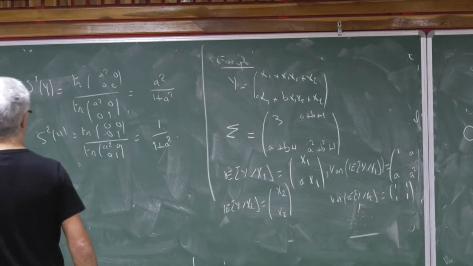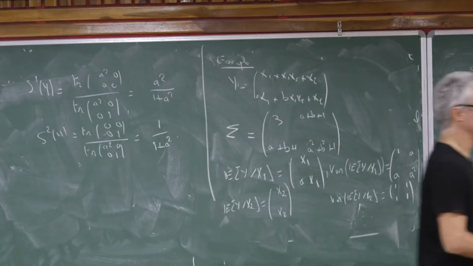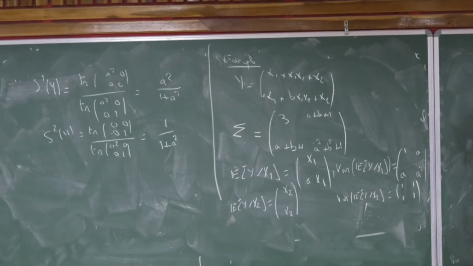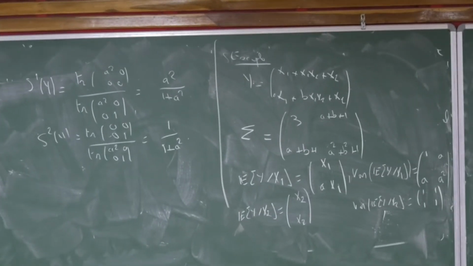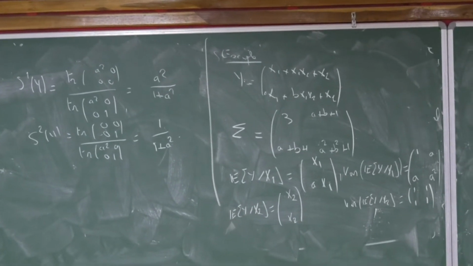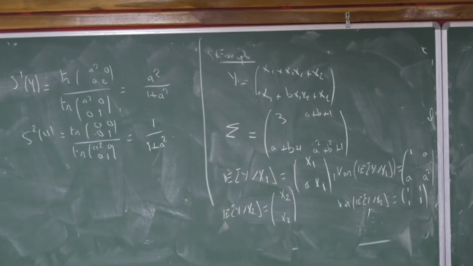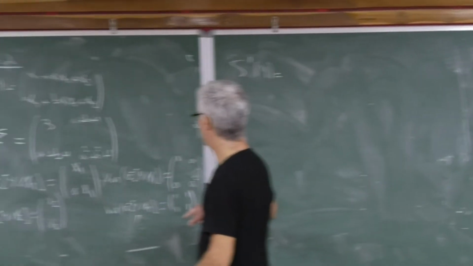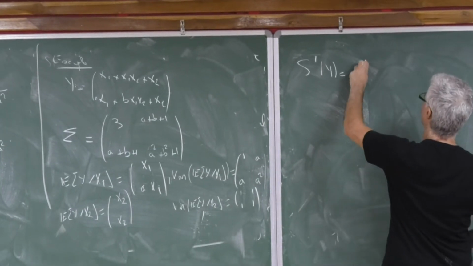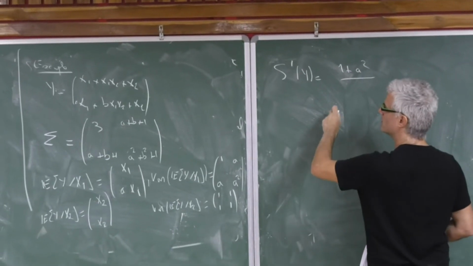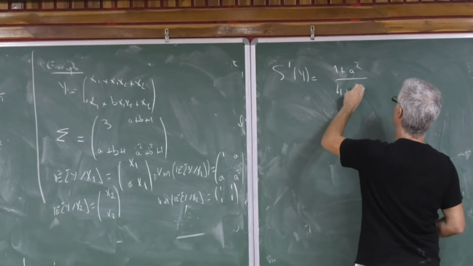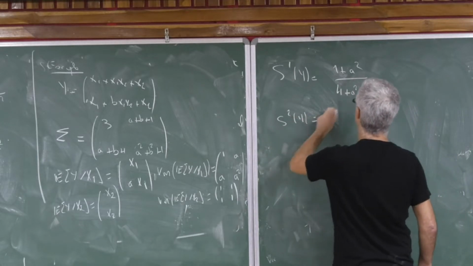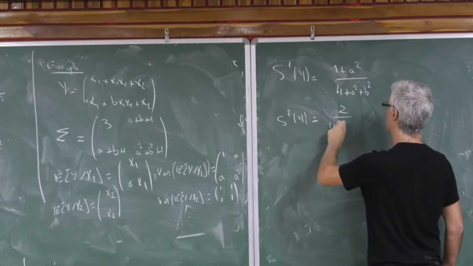So I can again compute the sensitivity indices now. It's easy. I just take the trace of this matrix, so it's 1 plus a squared, divided by the trace, so 4 plus a squared plus b squared. And S2 would be 2 divided by the same thing.